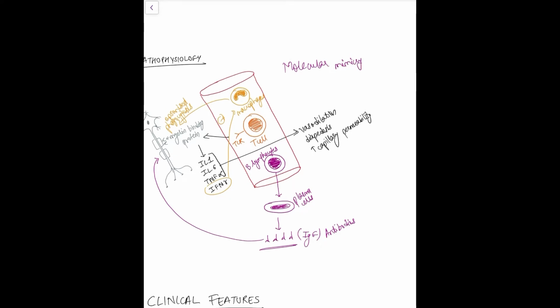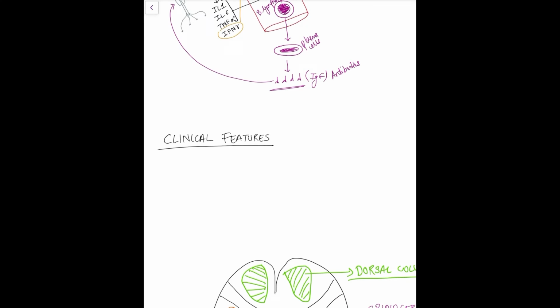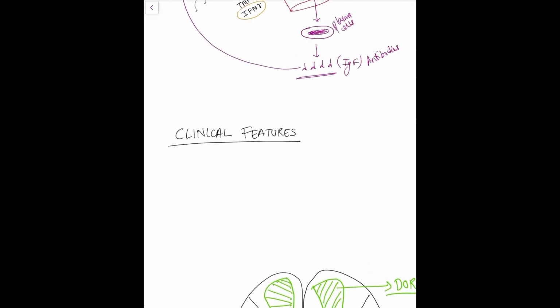Now let's see the clinical features. The most common site of occurrence of transverse myelitis is the thoracic spine. Now, as we all know, the sympathetic nervous system is present in the thoracolumbar region from T1 to L2 or L3.